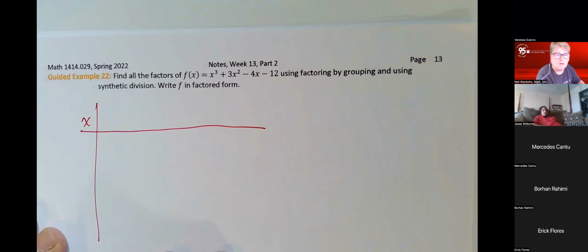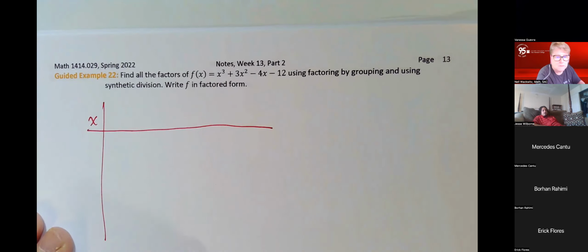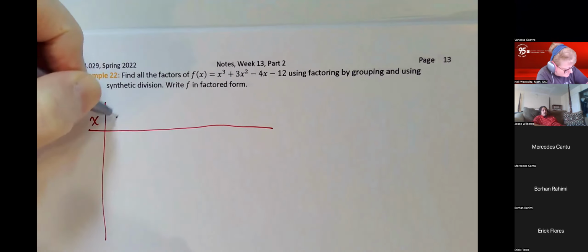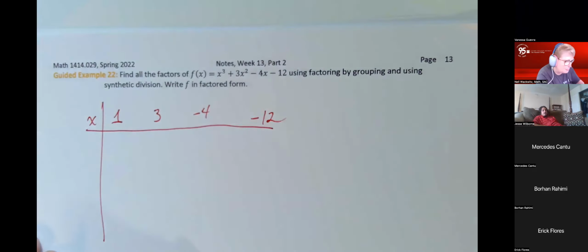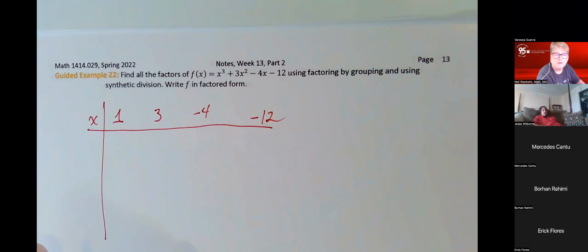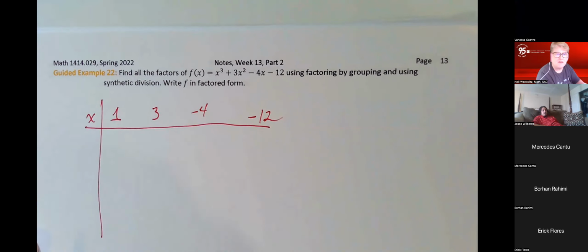What numbers do I write across the top? 1, 3, -4, and -12. Good. And let's see if x minus 1 is a factor.